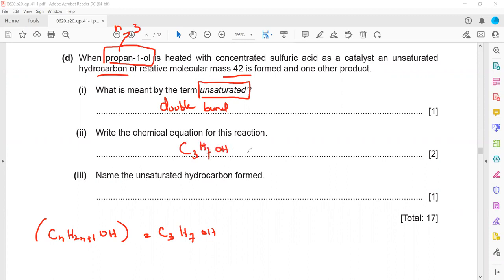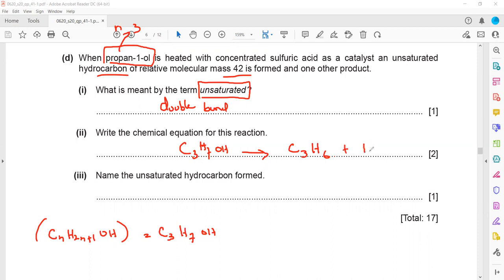So the formula for propanol is C3H7OH. And they mention when it is heated, it turns into an unsaturated hydrocarbon. Unsaturated hydrocarbon means it becomes an alkene. So what is the formula of the alkene? If it is propanol, it will produce propene. So what is the formula for propene? Prop means 3 carbons, so C3H6, plus another product.